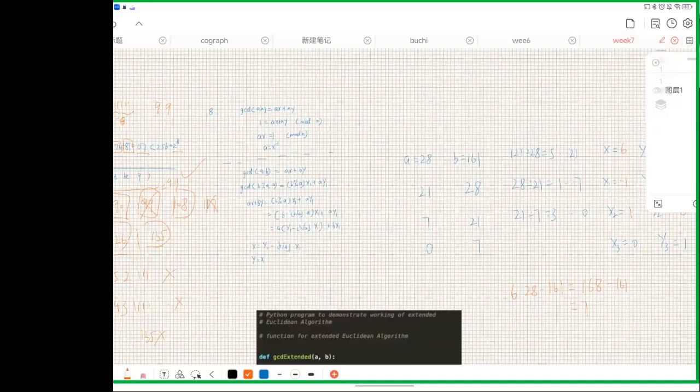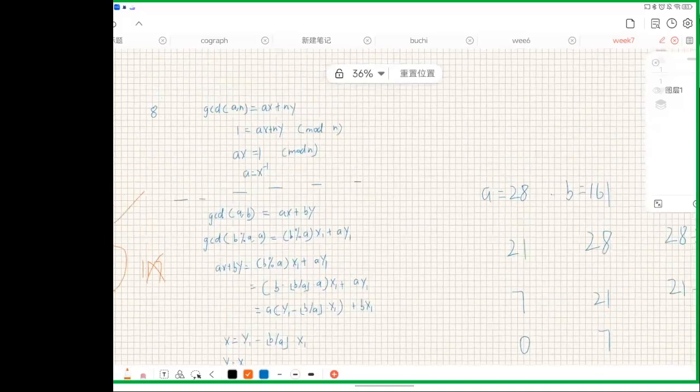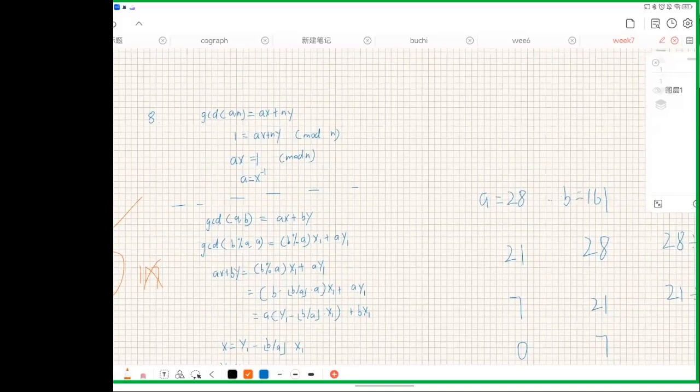So next question, we want to find the inverse of A mod N. Okay, one quick question. If we know GCD(A, N) equals 1, and we know that we can write something like this, then that means that AX plus NY equals 1 mod N, because 1 mod N is 1.